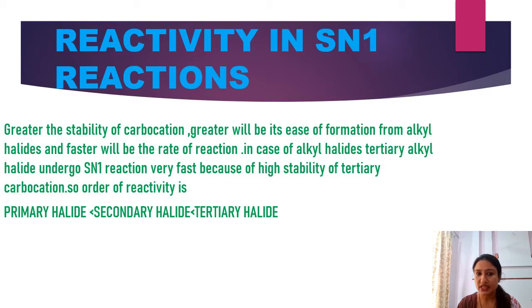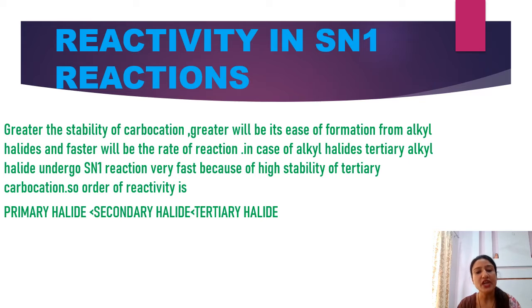Reactivity in SN1 reactions. The greater the stability of the carbocation, the greater will be its ease of formation from alkyl halides, and the faster will be the rate of reaction. Tertiary alkyl halides undergo SN1 reaction very fast because of the high stability of the tertiary carbocation.